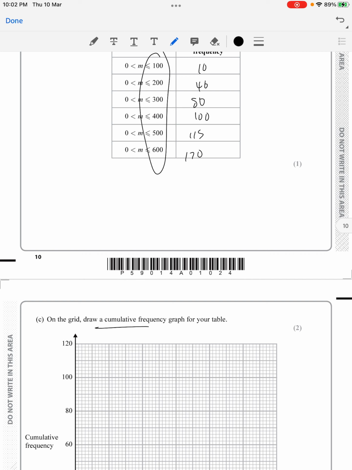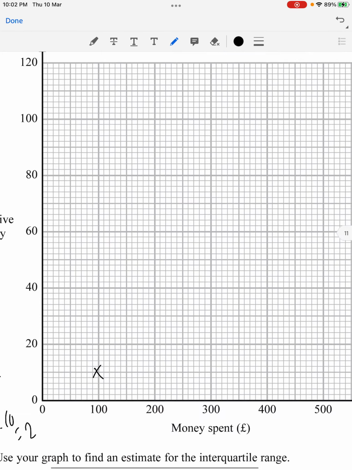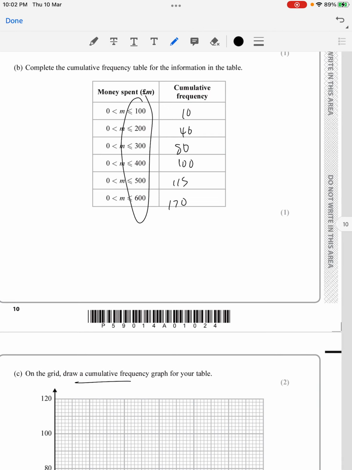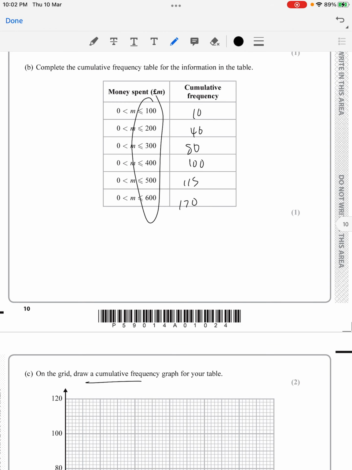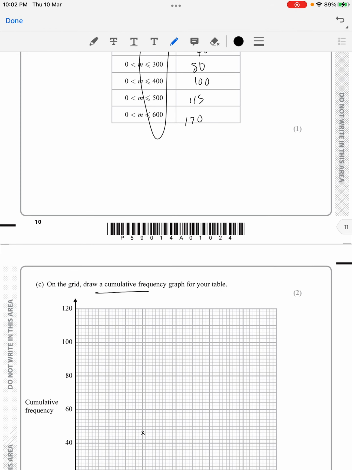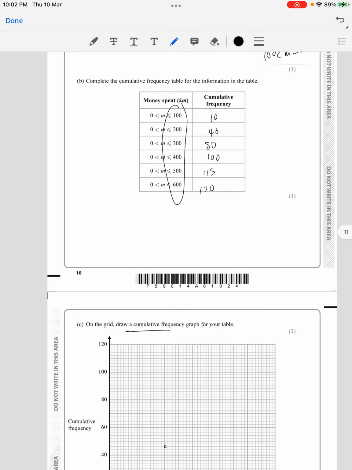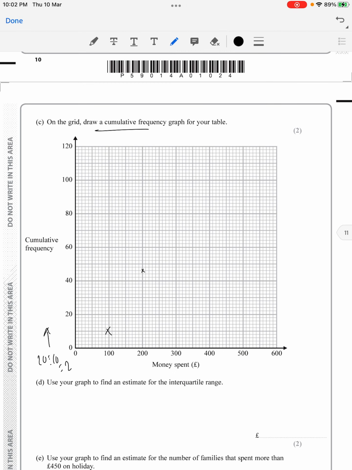So we have 200 and 46. Where do you think 46 might be? At the 200 scale, approximately 46 should reach here. There you go. Next point, 300 comma 80. 300 is on the x-axis and you have 80 on the y-axis.